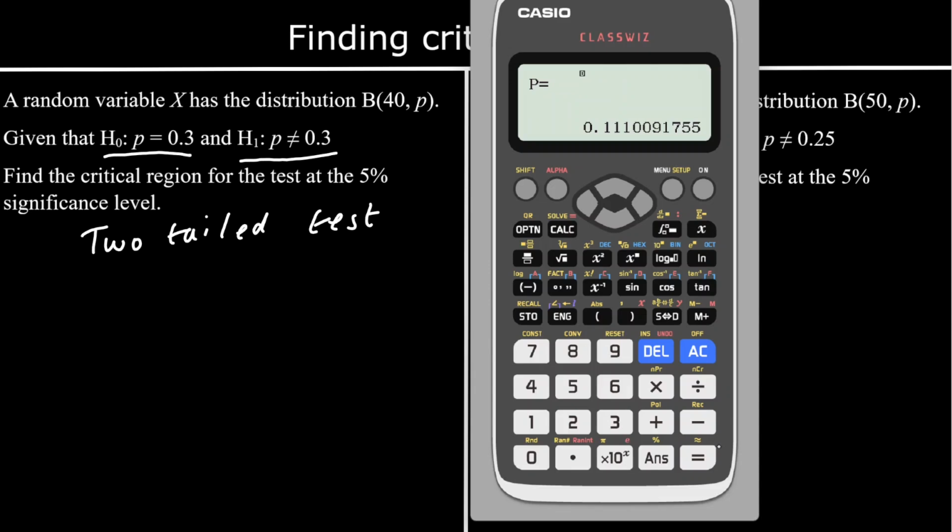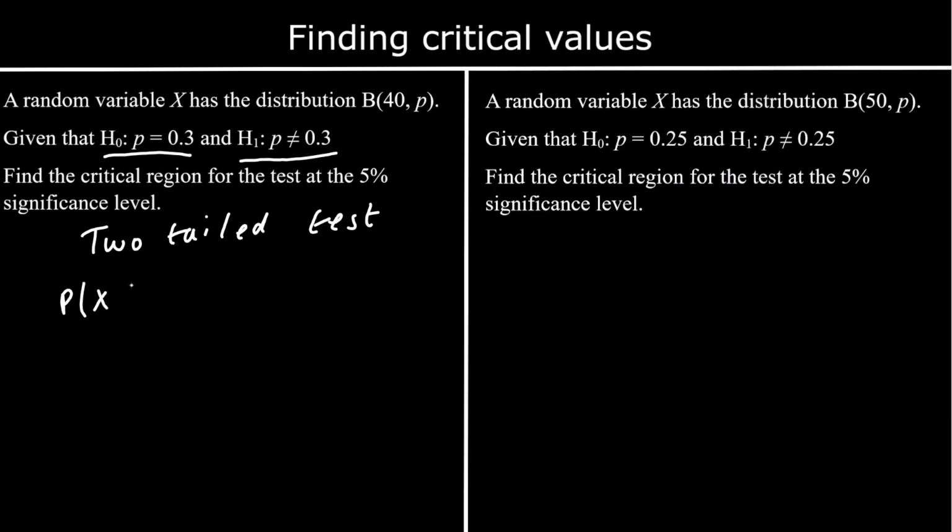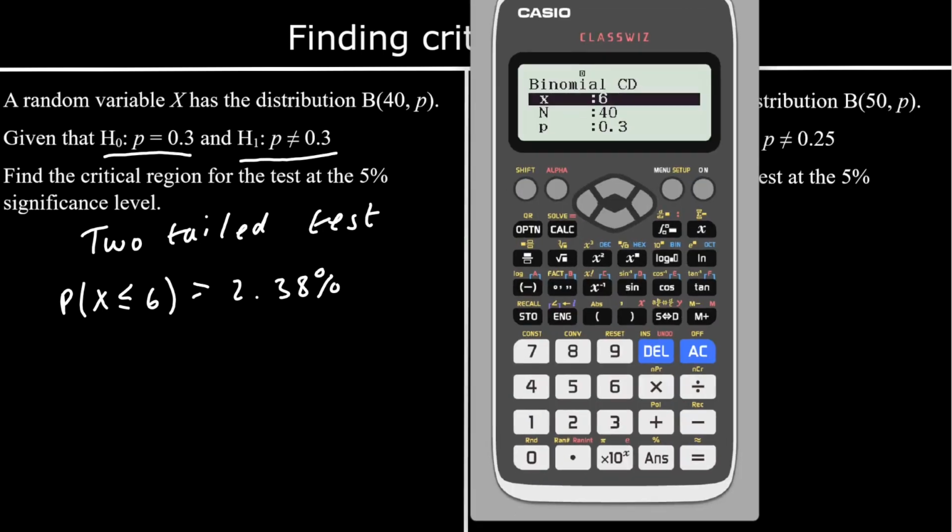So that's 11%. We want 2.5, so let's go lower. 5%, lower again. And there we have it. 2.38%. So that's 6 or less. 2.38%.